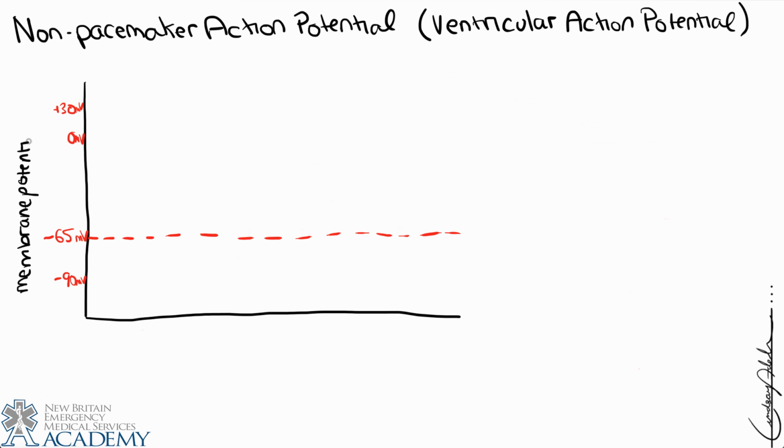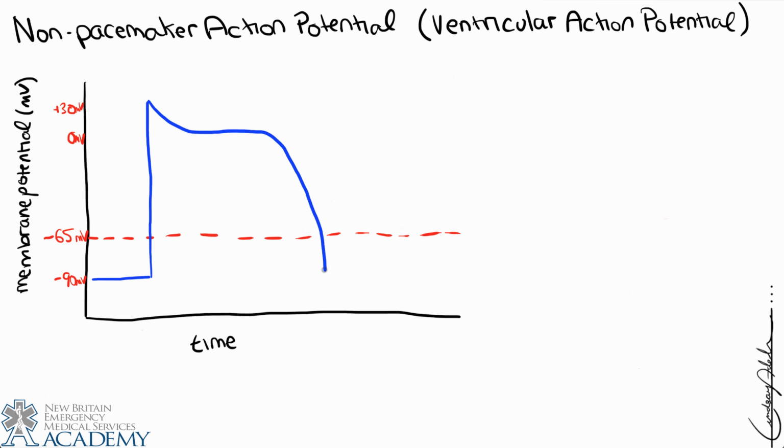So again, we'll draw our graph and see that we have membrane potential on the y-axis and time on the x-axis. And the same thing is true: millivolts and time in seconds or milliseconds. And then we'll just draw in a couple of important values. So our threshold for the ventricular cells is minus 65 millivolts. The resting potential, as we said, is minus 90. And then a couple of other points we want to hit are 0 millivolts and plus 30 millivolts.